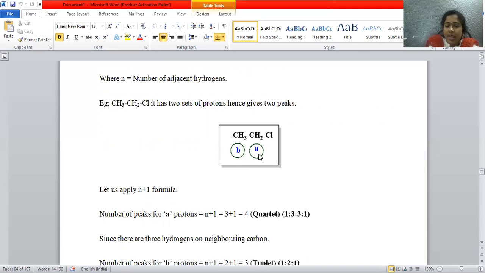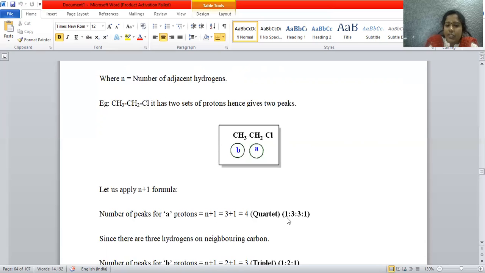Let us go with proton set A. When we apply the n+1 formula, the adjacent carbon has 3 protons, so the formula becomes 3+1. We get a total of 4 signals, which is called a quartet.